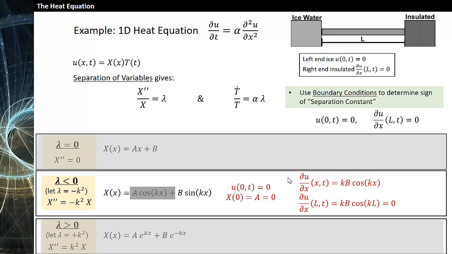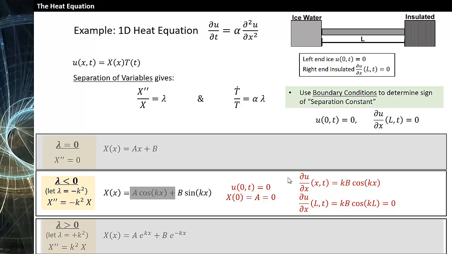So if we impose our other boundary condition at x is equal to L, we first have to take the derivative of u with respect to x, and then plug in x equal to L. So let's do those separately. The derivative of u with respect to x is kb cosine of kx. And then we impose x equal to L there. That tells us that kb times cosine of kL must be equal to 0.